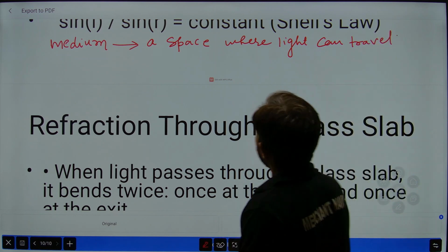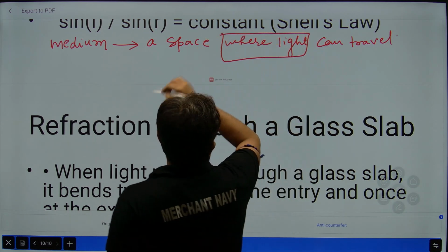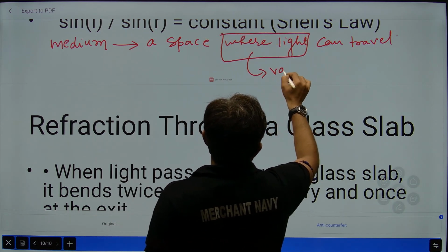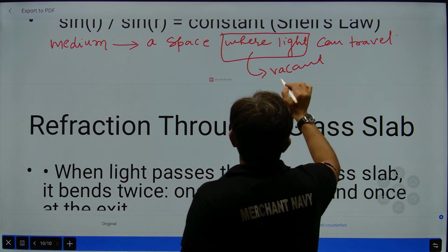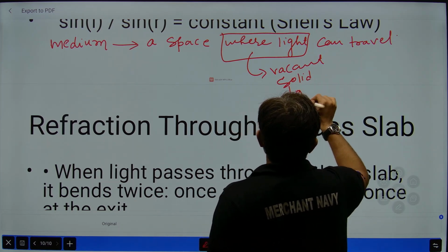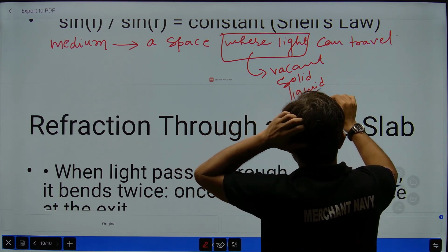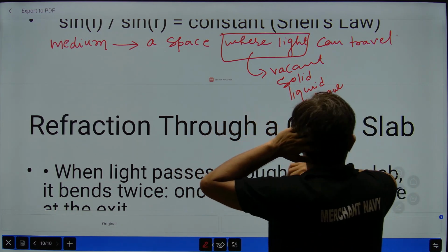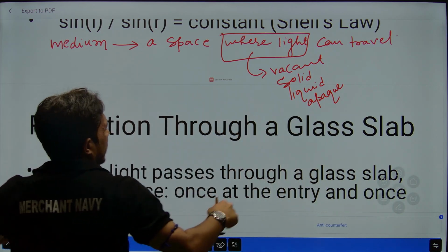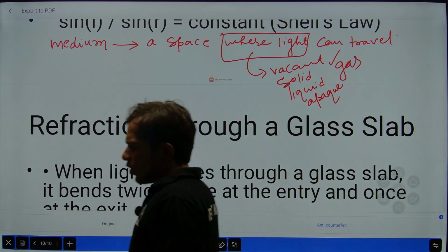Light can travel in vacuum, in solids, in liquids, and in gases, in air also.